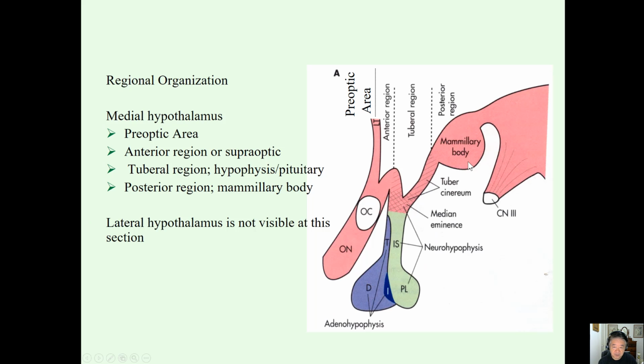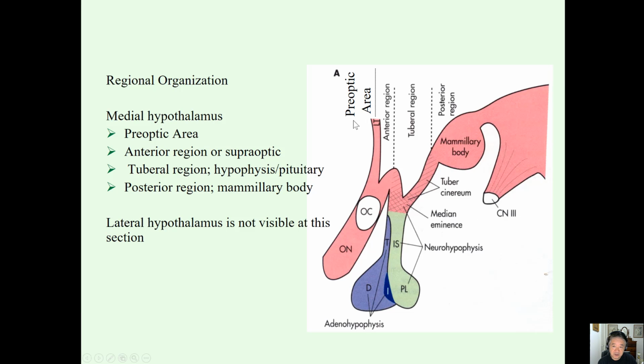Now here we have an enlarged drawing of the hypothalamus. This is in the same direction as the previous picture. This is anterior, this is posterior, and this is your third ventricle. From rostral to caudal, or from anterior to posterior, you have 1, 2, 3, 4 regions.